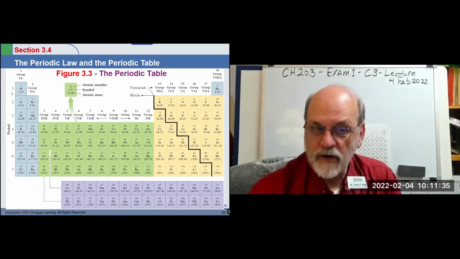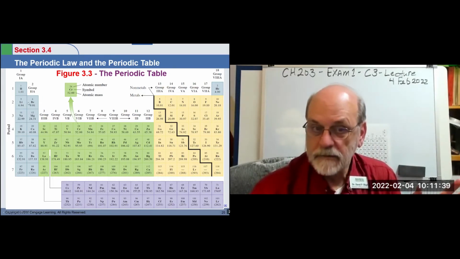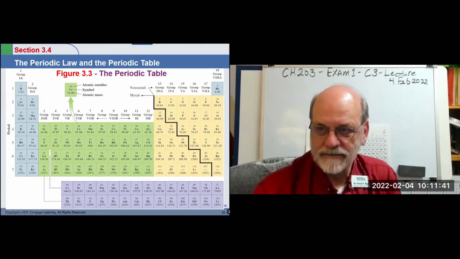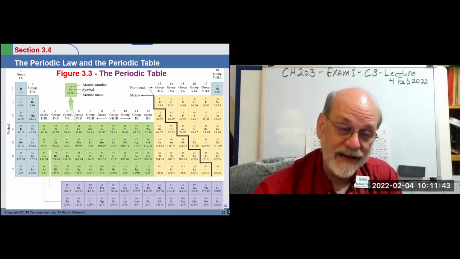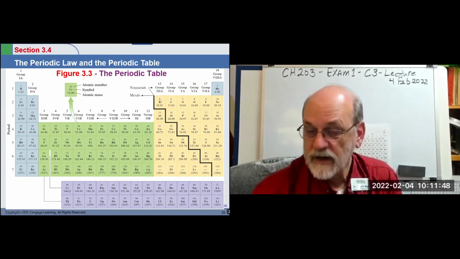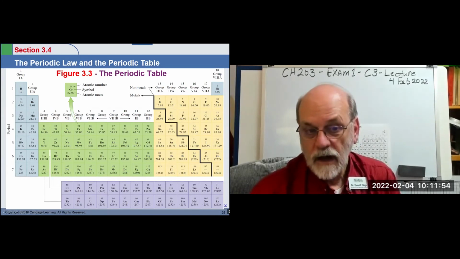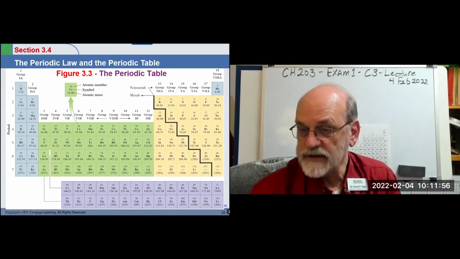And then the periods are numbered from hydrogen. Hydrogen and helium are in the first period. That's it. And there's good reason for that. I hope to explain that later. And then the second period starts with lithium, and it goes lithium, beryllium, boron, and skips over. There are no transition elements in this period. This period has no transition elements either.